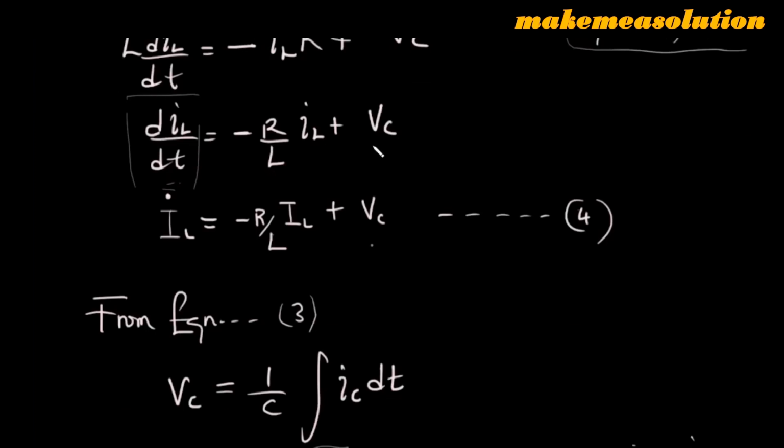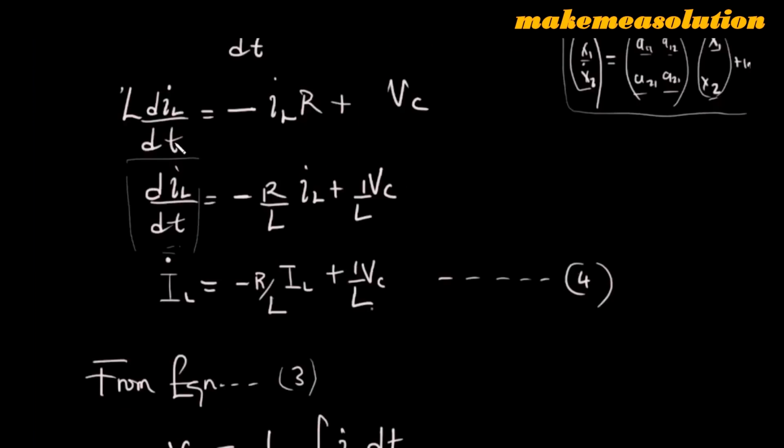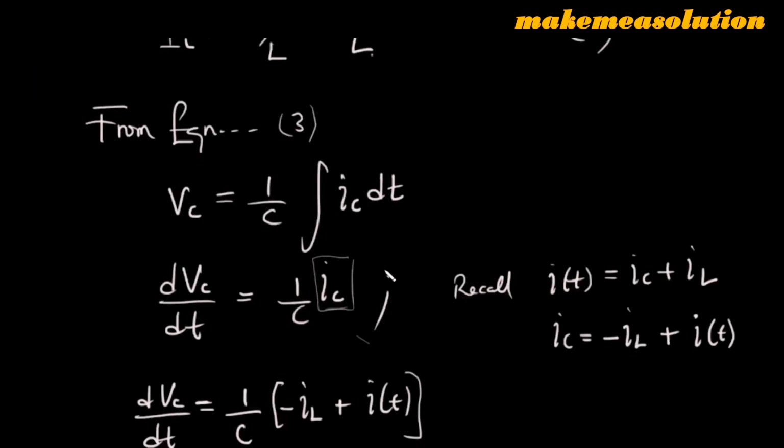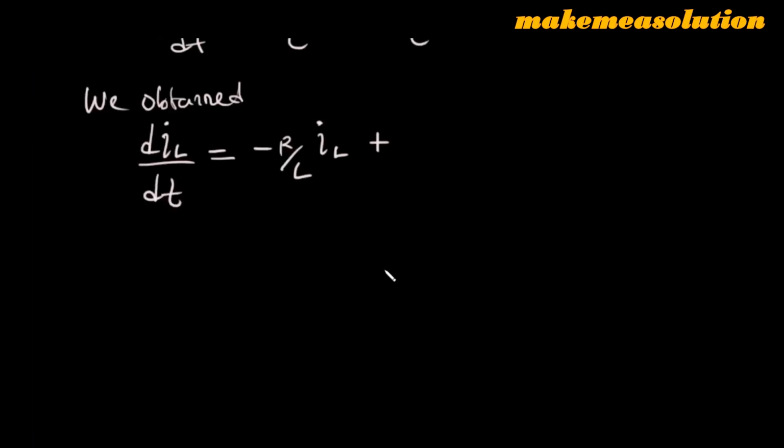Thank you for that observation. There's supposed to be a 1 over L here. When you divide through by L, the 1 over L will also come to this place. So this is plus 1 over L VC.